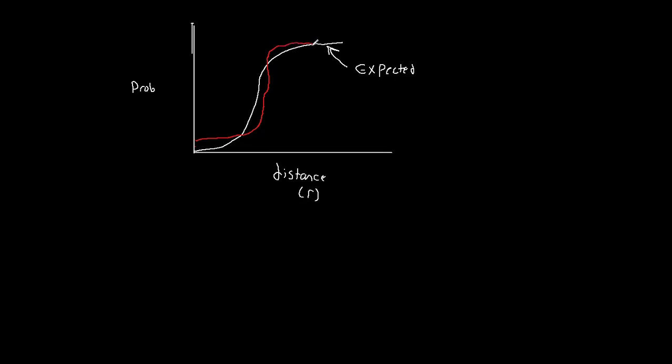So what we're saying here is that for these values right here, in this region, our observed is greater than our expected. Our probability is higher than what we would have expected. So this may indicate clustering.